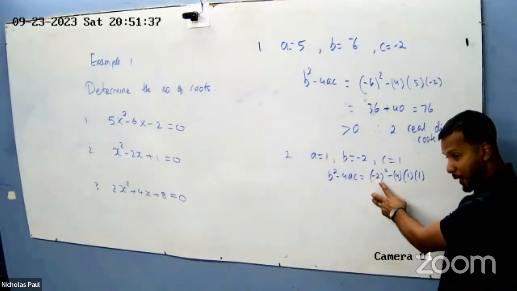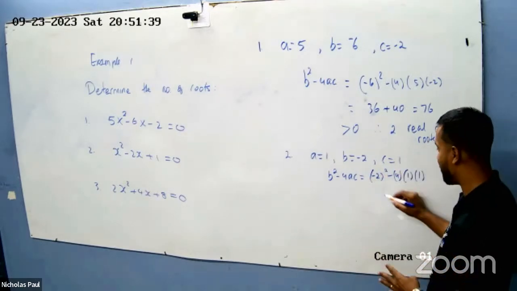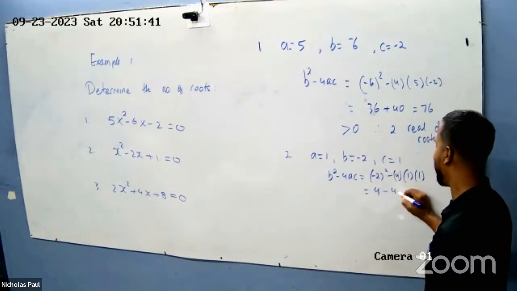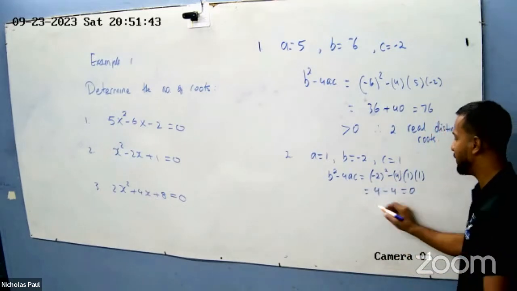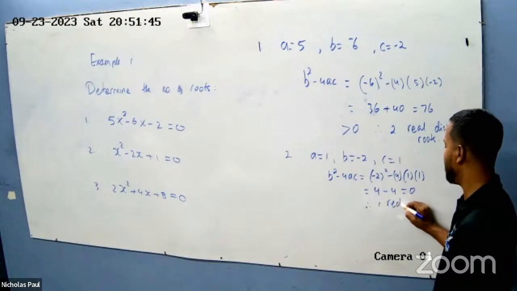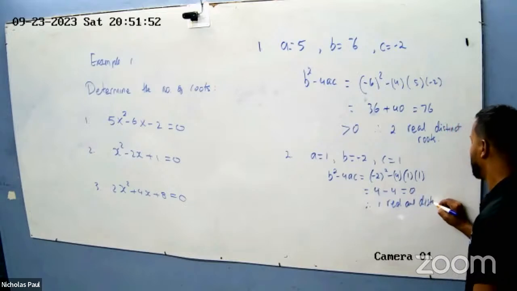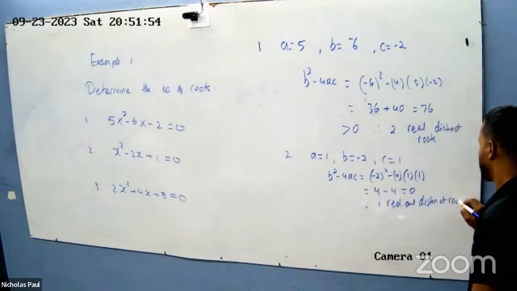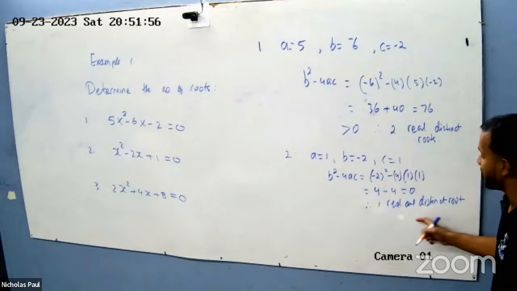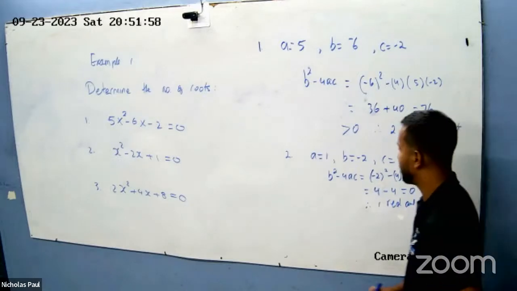Minus 2 squared is positive 4. Some of you will have the wrong thing. 4 minus 4 is 0. What does that mean? It means 1 real root, 1 real and distinct root. I prefer to write this: 1 real and distinct root.